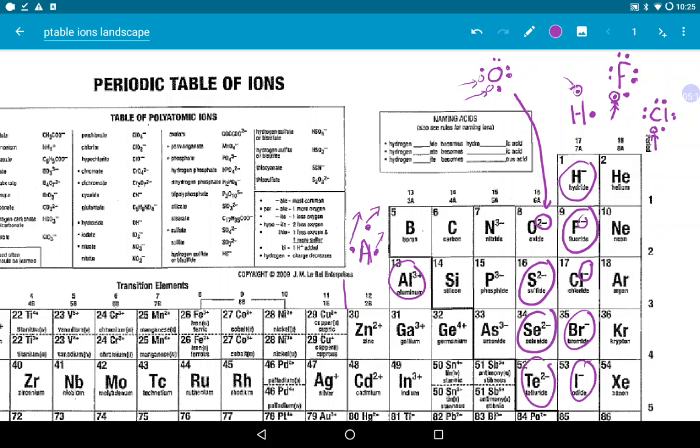Okay. Now nitrogen would have 3 spots open. Let's just do one Lewis dot diagram for nitrogen. So it would look like this. It would have 5 valence electrons, and so it would have 3 open spots.